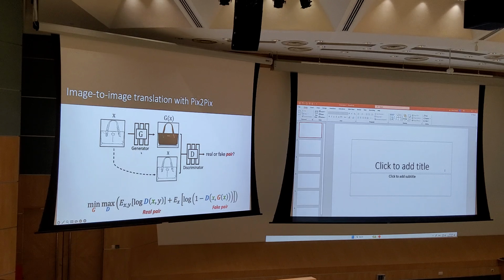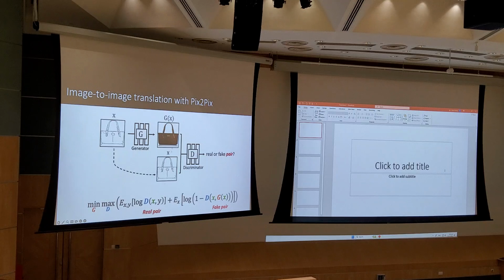This is very much aligned to the conditional GAN that you have learned in the main lecture. This time the condition is provided to the discriminator. So the value function can be redesigned to include the condition as well.